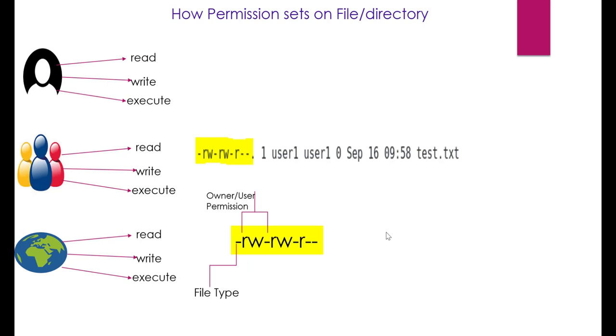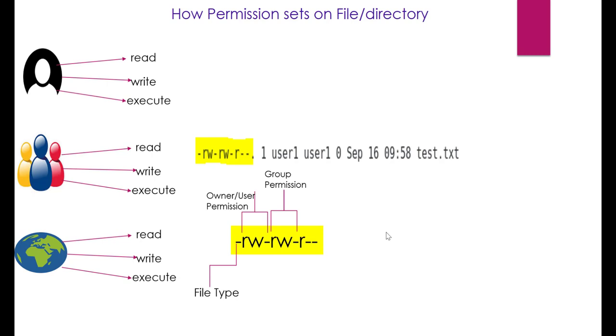What are those permissions? The first three characters are talking about the owner permission. As we said, R represents read, W represents write, X represents execute, and a hyphen represents no permission. So in this case, the owner of this file has read and write permission, but doesn't have execute permission.